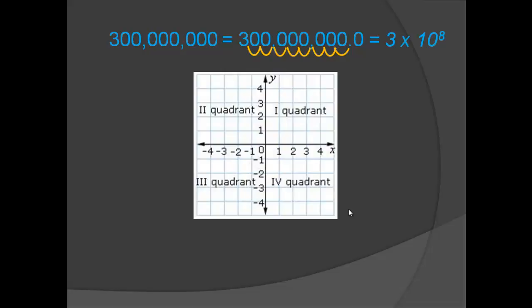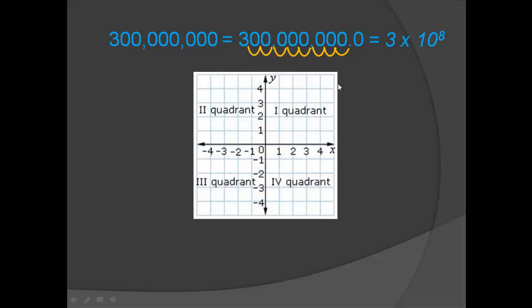If you move the decimal place to the left, that number, 300 million, is essentially getting smaller. So if I move the decimal place from here to here, that number is not 300 million anymore. It's 300 million divided by 10. As you're moving the decimal place and that number gets smaller, then the exponent gets bigger. So that exponent is going to be a positive number.